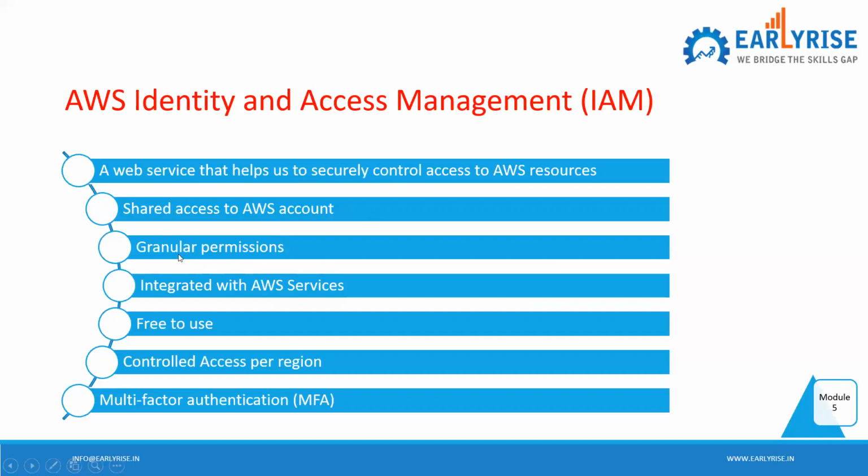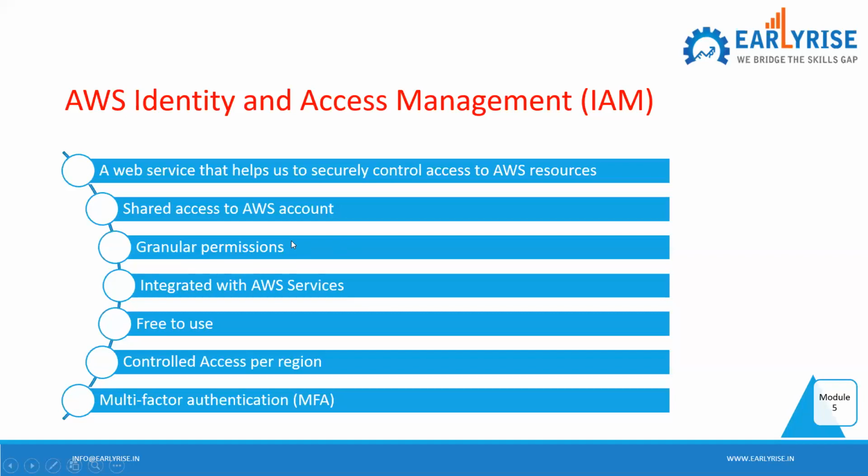Now you have granular permissions. Granular permission means you can give different permissions to different people. One person can have one permission, another person can have some other type of permission. One person can have access to some resource, and another person can have access to the same resource or another resource at a different level of permission.